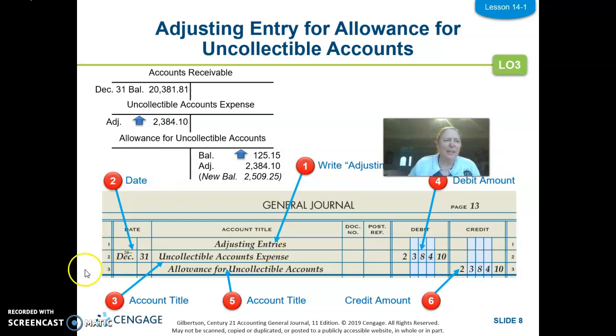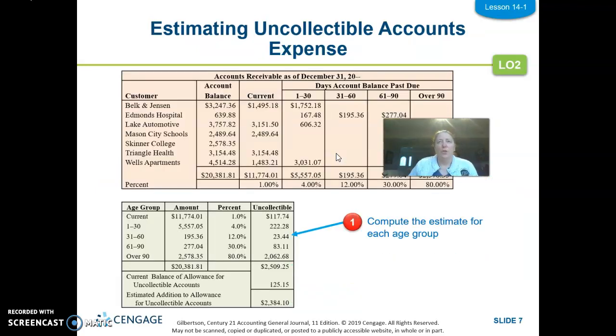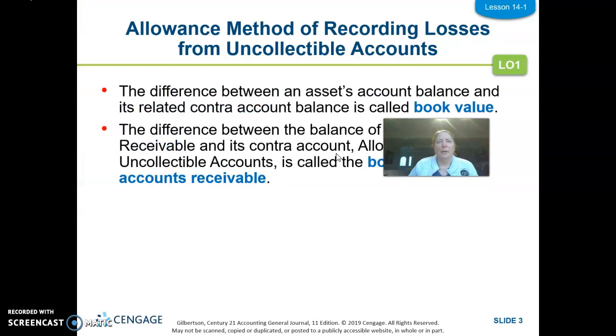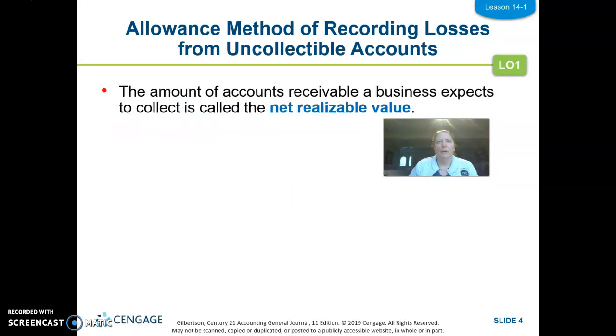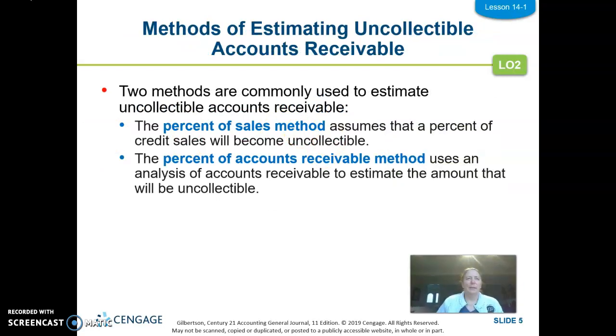The only other thing is we did not talk about the percentage of net sales method other than to explain it in general. And honestly, all that you have to do on that is literally take the credit sales that you have and some historical percentage and multiply them by each other.